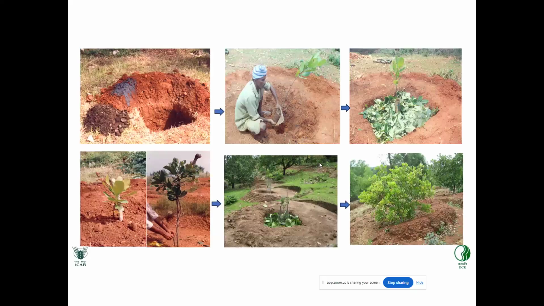So when we have selected our site based on these prerequisites, initially we should plow the land and allow it for soil solarization.